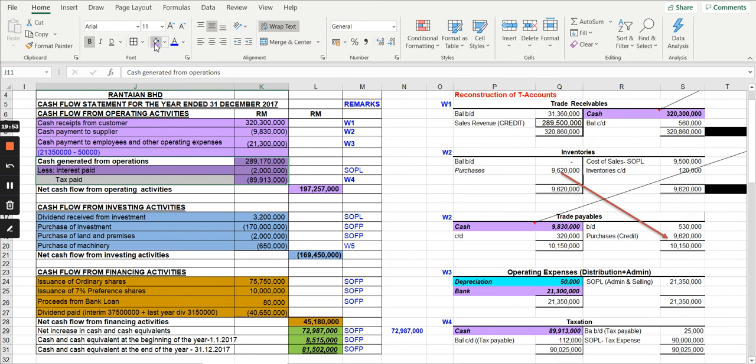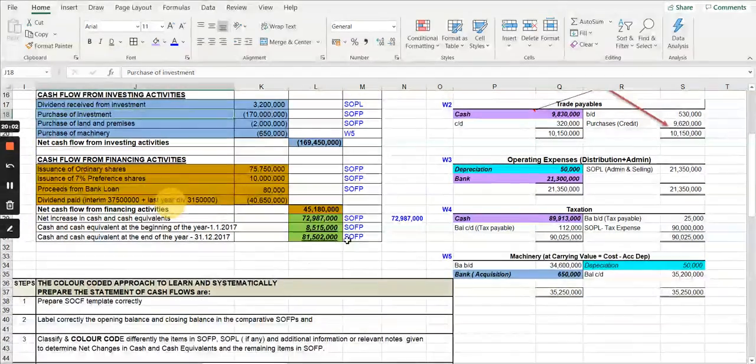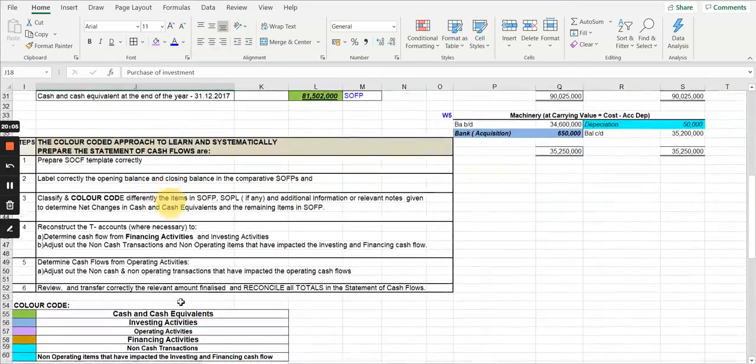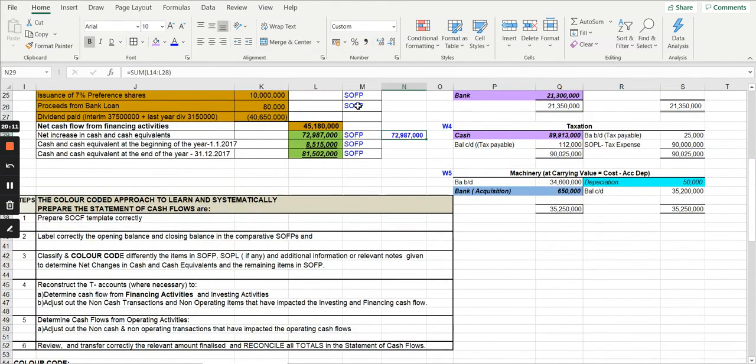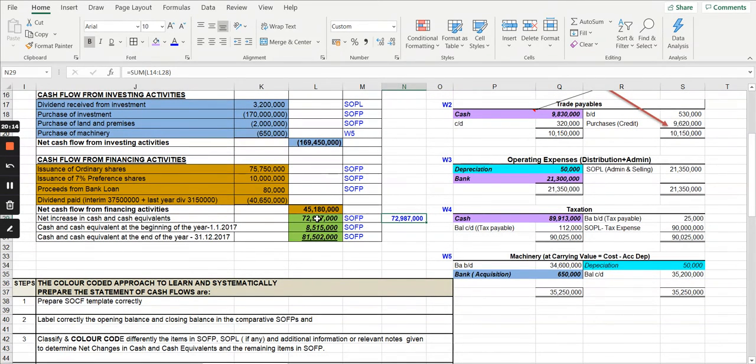So your cash flow from operating activities now has the item tax paid, 197,257. Now you are done with all the steps. You can do step number 6, which is to finalize and reconcile the total. We have done that. We compare the total from the 3 activities with the net increase in cash and cash equivalent.